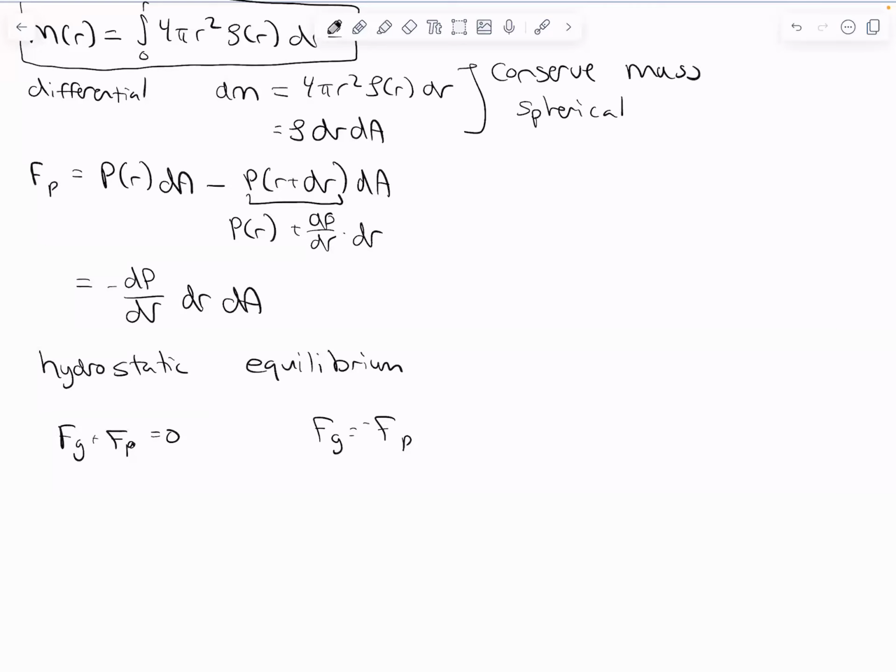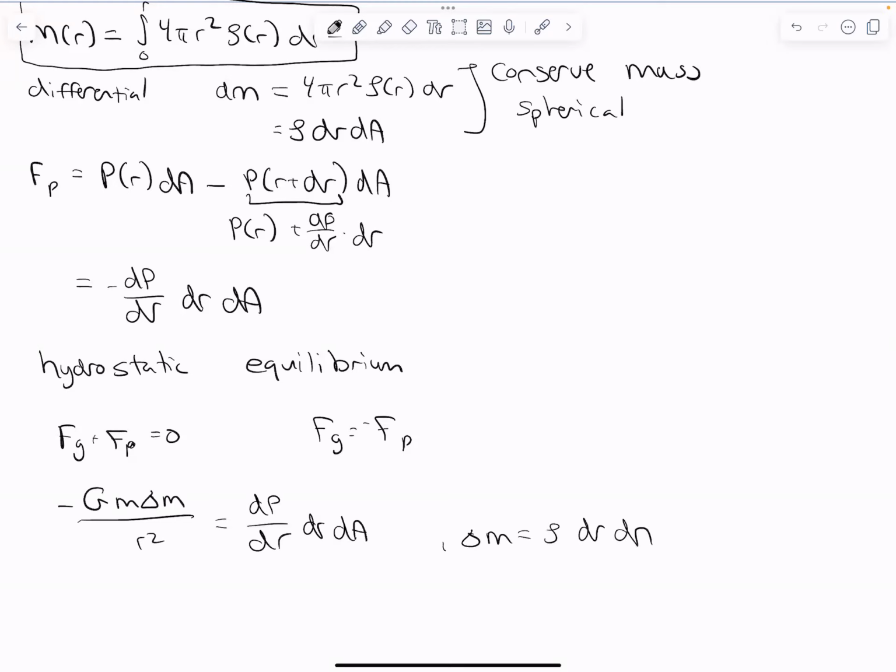And so then you can plug everything in and you get minus G m delta M over R squared equals dP/dr dr dA. We can also substitute in this infinitesimal piece of mass, rho dr dA here.